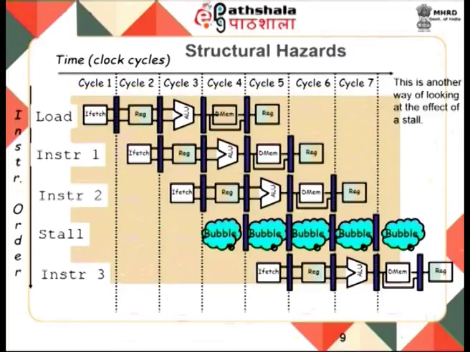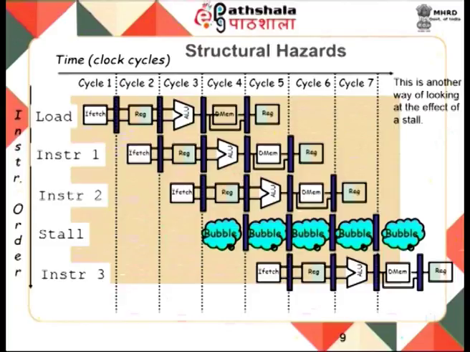And what do you do if you have a structural hazard? If you have a structural hazard, obviously you can't allow the instructions to access the data memory as well as the other instruction accessing it for instructions. That cannot happen. It will lead to wrong execution. So, you generate what is called a bubble.